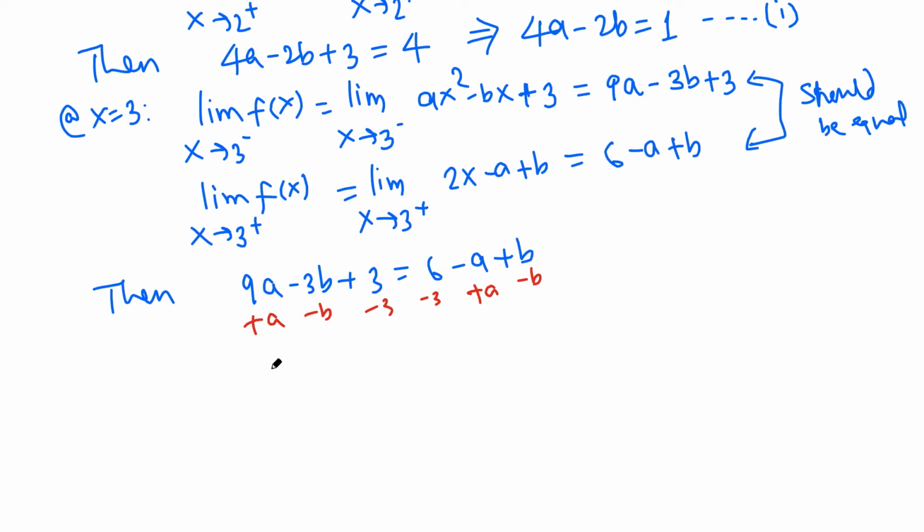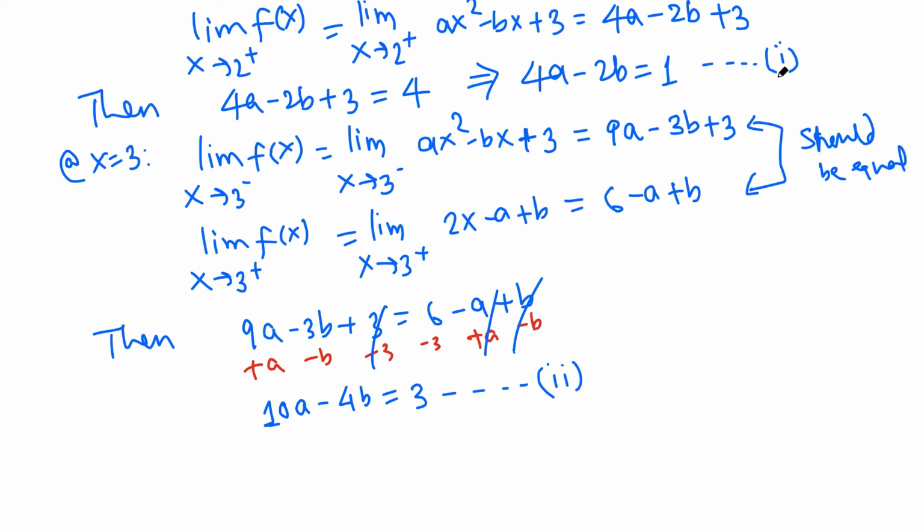That gives 9a plus a, 10a minus 3b minus b, minus 4b equals 3. So we cannot find a and b because we have only one equation and two unknowns, so I can call this equation 2.